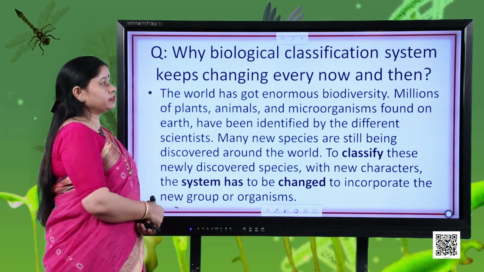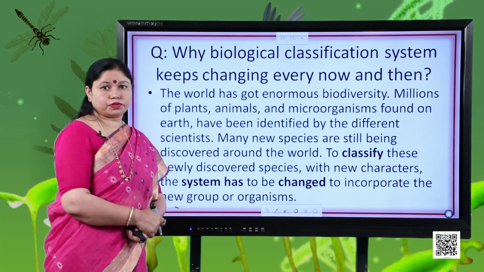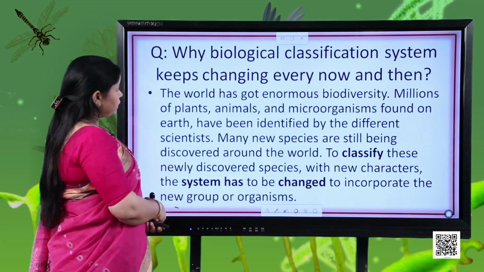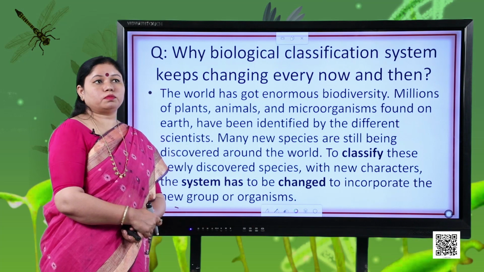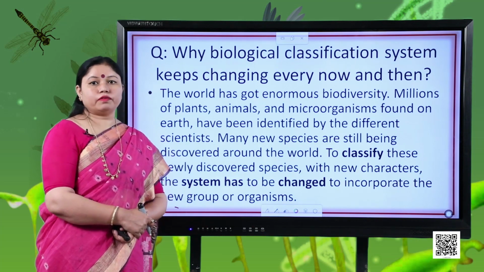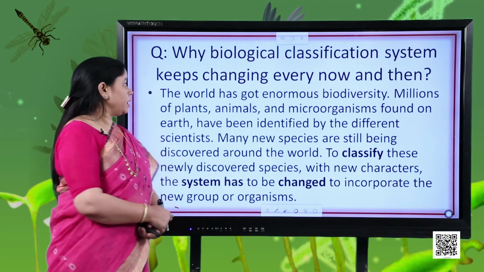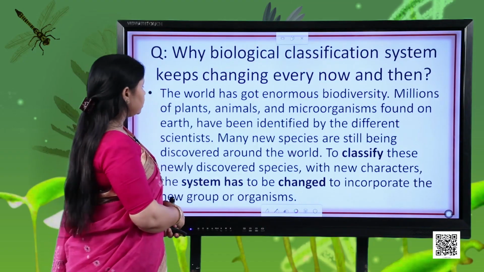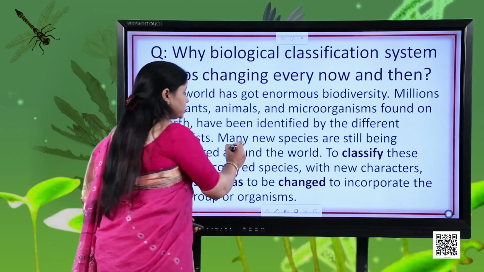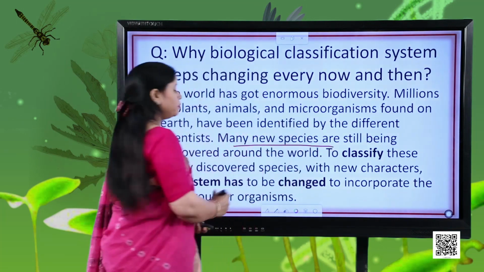Let us come back to this question. Why does the biological classification system need change? In the previous class, we studied about biodiversity, how our world is full of a variety of living organisms, out of which millions of plants, animals and microorganisms found on earth have been identified and given proper biological names, but still there are new species that are being discovered.